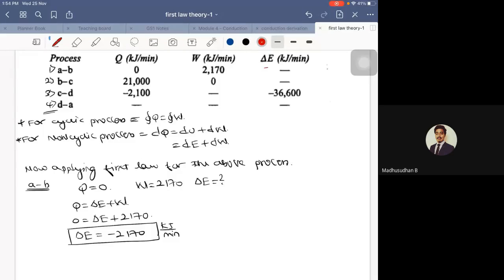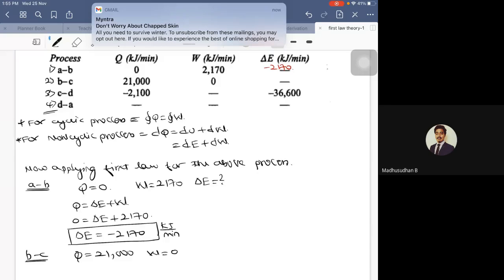So it is minus 2170 kilojoules, which I have updated back. Now I will deal with the process B to C. In the process B to C, what all is given? The value of Q is given, which is positive 21,000. The value of W is being given, that is 0.